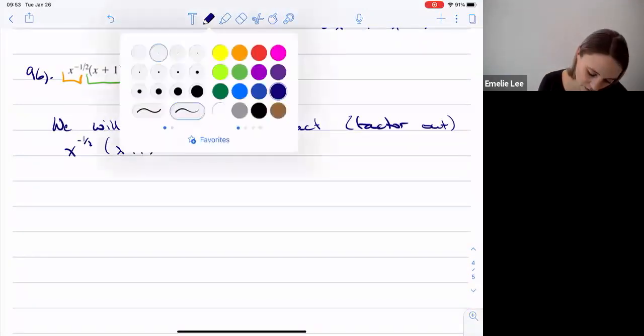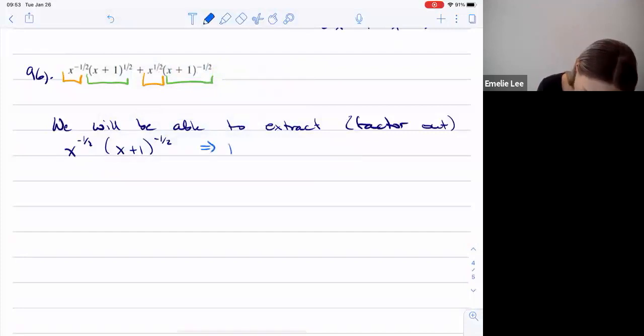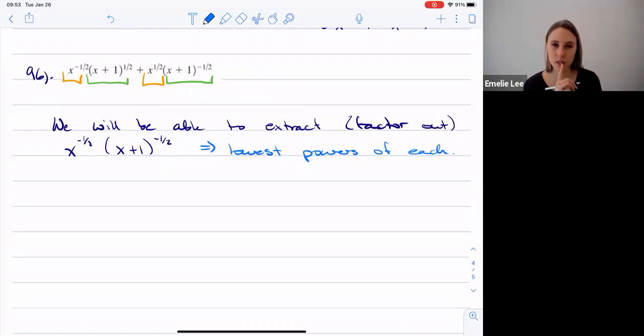Which are the lowest powers of each. Okay. So I don't need to manipulate the first term to pull out an x to the -1/2, but I do need to manipulate the second term to figure out what I can extract.